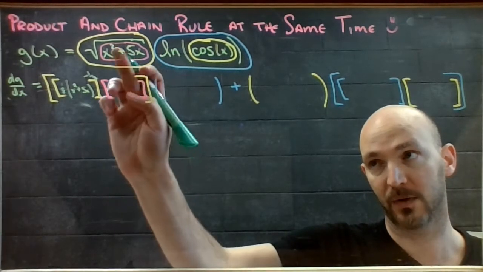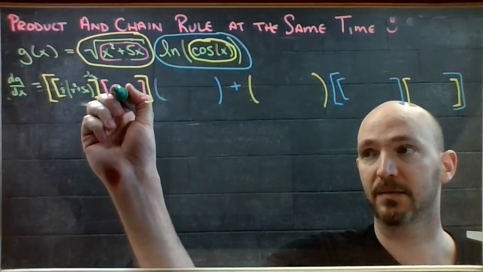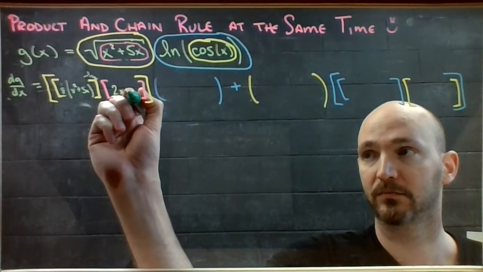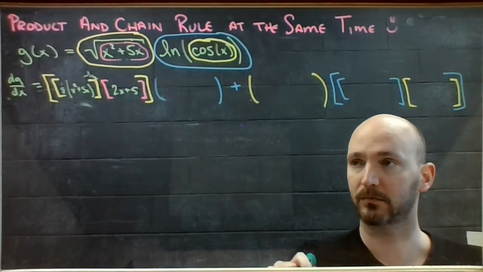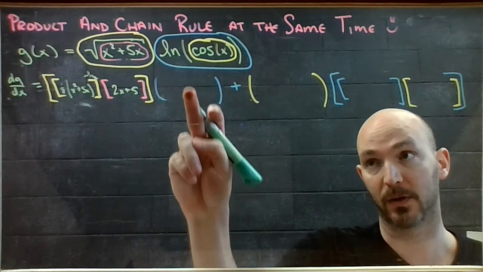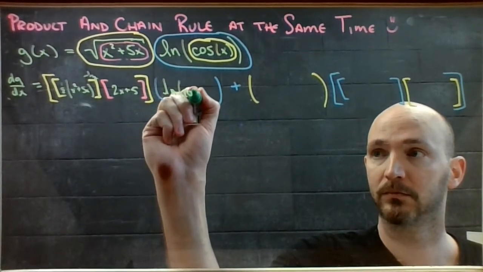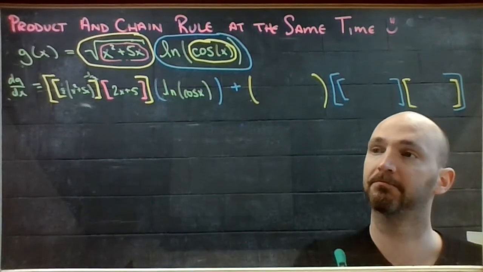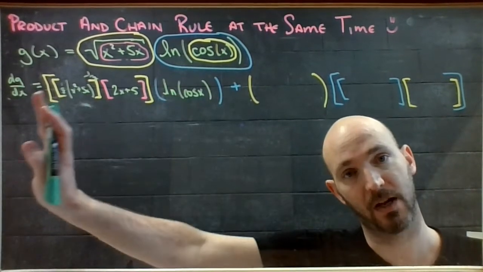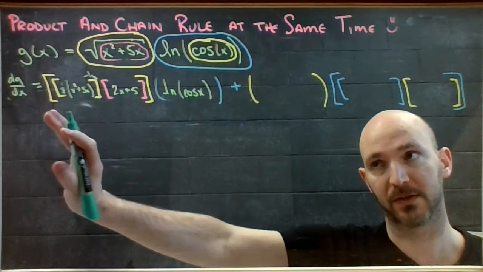The inner layer, derivative of this, will just be 2x plus 5. Leave this one alone. So I've got the first half of my product rule finished.